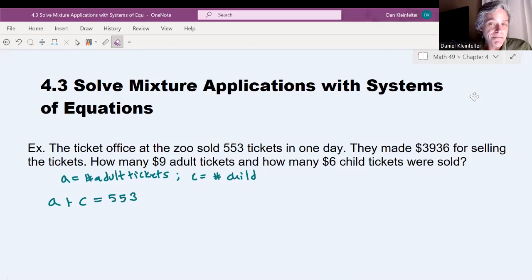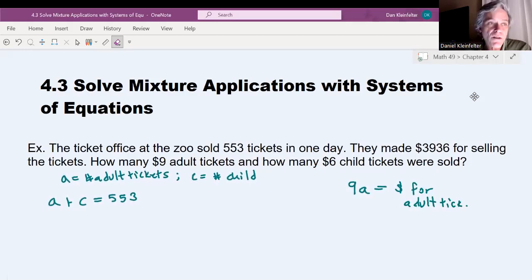The next equation is about the money that's earned. Adult tickets cost $9 each. If we want to think about how much money was made by selling those tickets, it's going to be $9 for each ticket times the number of tickets. This would be the money for the adult tickets.